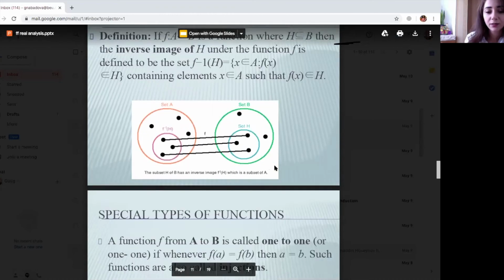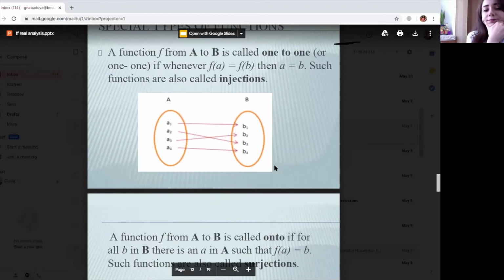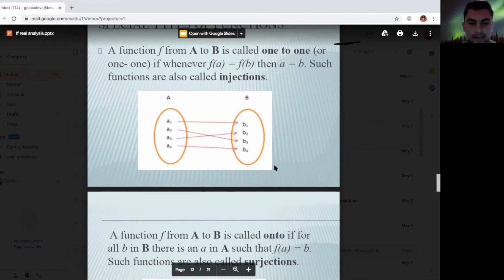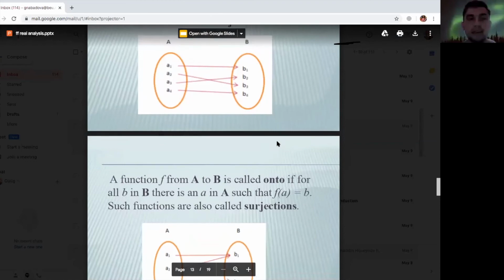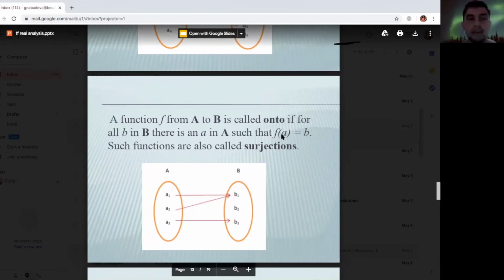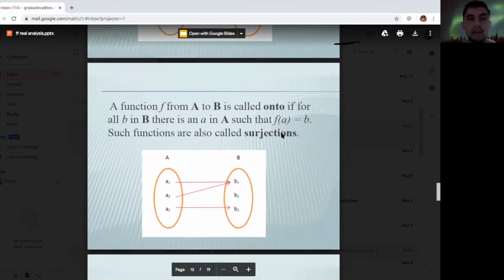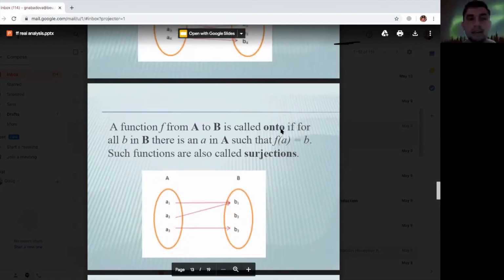Special types of function: one-to-one, onto, and bijection. A function f from A to B is called one-to-one, and a function f from A to B is called onto if for all b in B there is an a in A such that f(a) equals b.